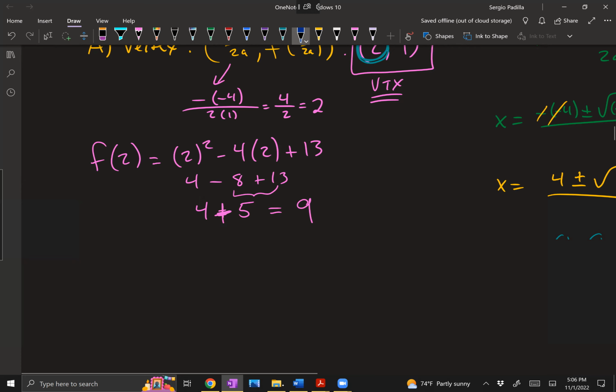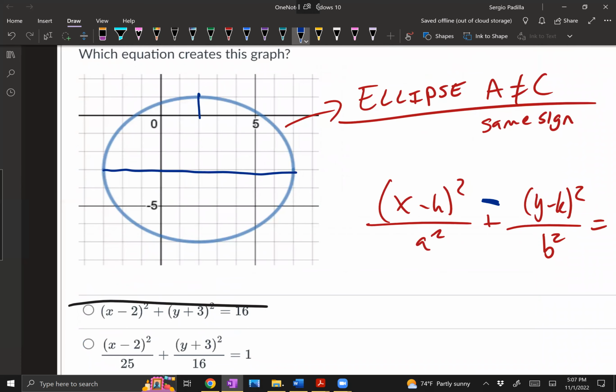So I'm going to go to the longest one here and then this one in the middle right here. Let's see. If this is 0, 0 over here, then I have the center at 2 and -3. So I know that I'm going to have something like x minus 2 squared, and then this one's going to be y plus 3 squared.